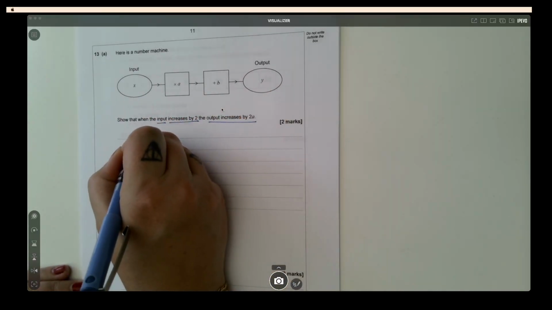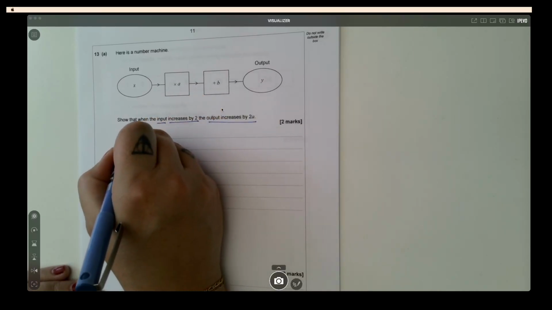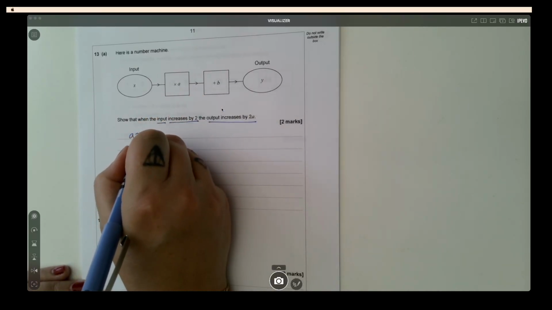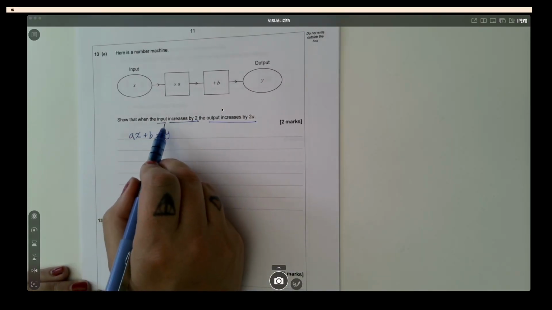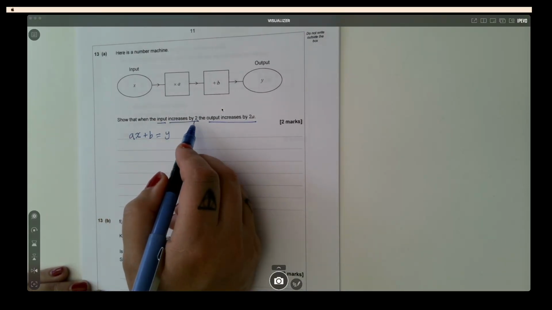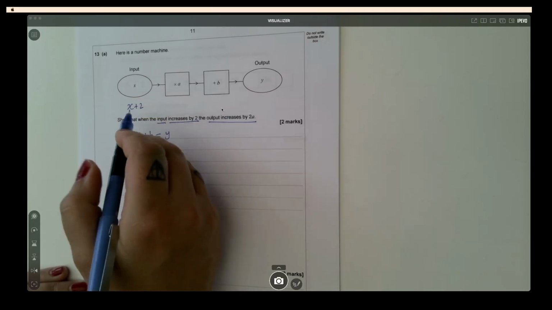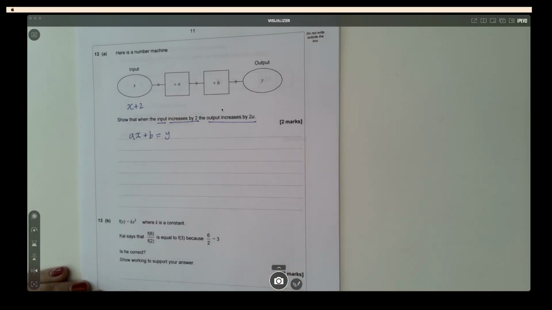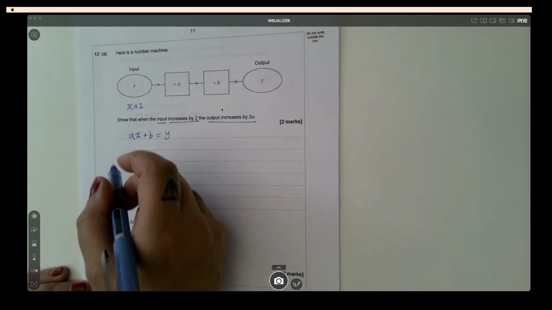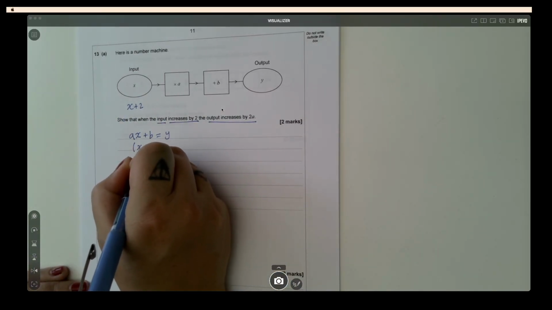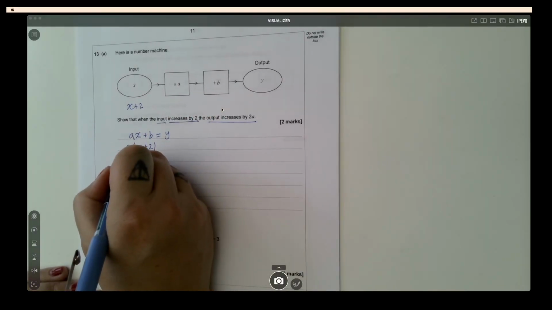So we're starting with x, we're multiplying by a, and then we're adding b, which gives us y. Now, if the input increases by 2, we can do that as x plus 2 because that's 2 more than x. So let's go through this machine again, but now with our input as x plus 2. So we're starting with x plus 2, multiplying by a.